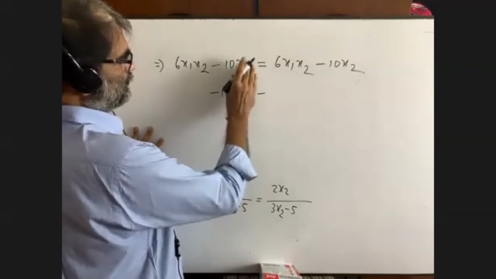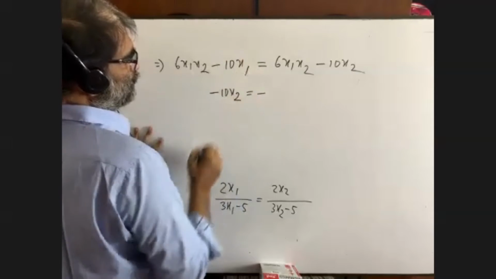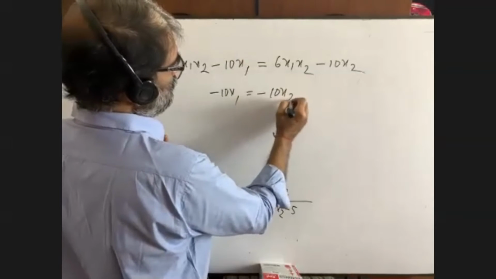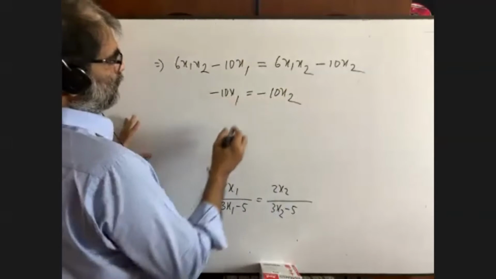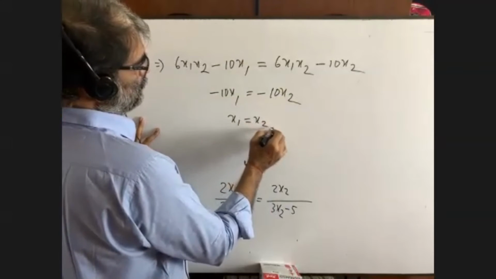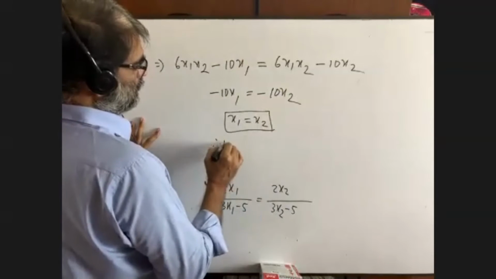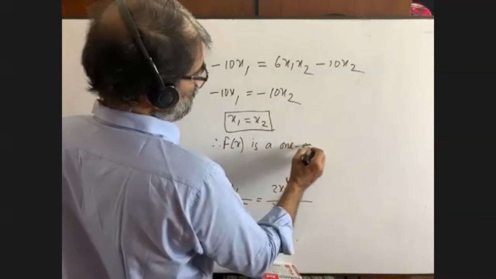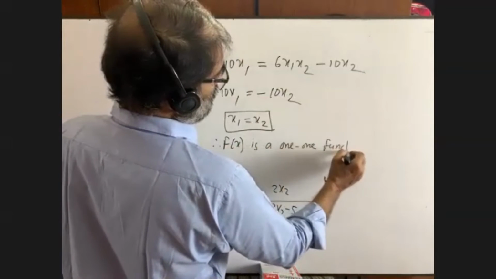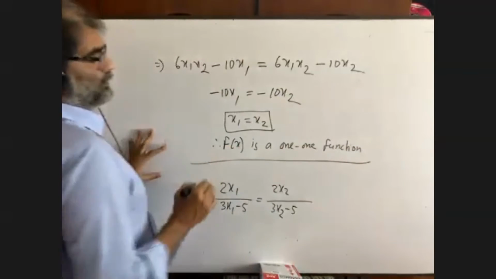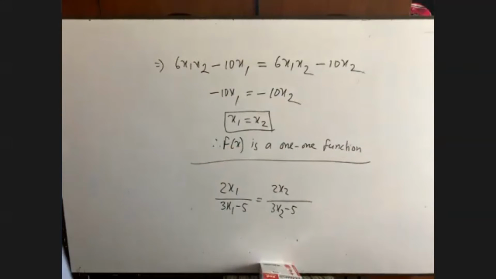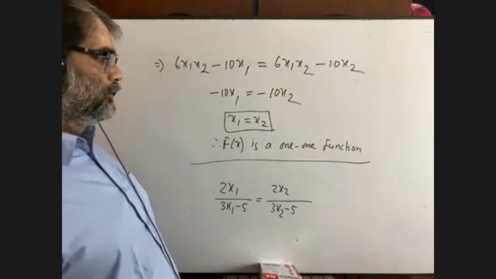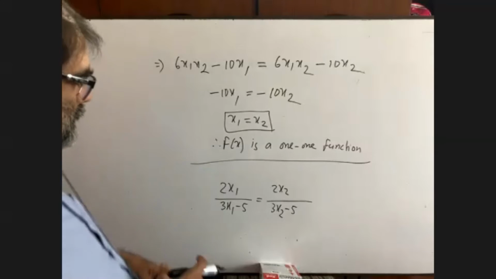Make the correction. So it will be minus 10 x1 equals minus 10 x2. Minus 10 will be omitted. So we are left with x1 equals x2. Therefore, f(x) is a one-one function. Okay, have you got it? Yes, sir. Okay.